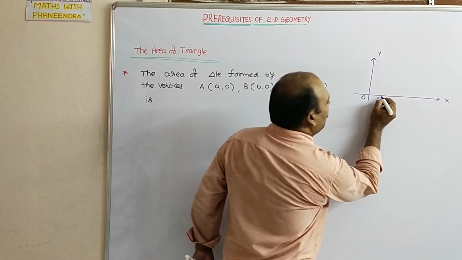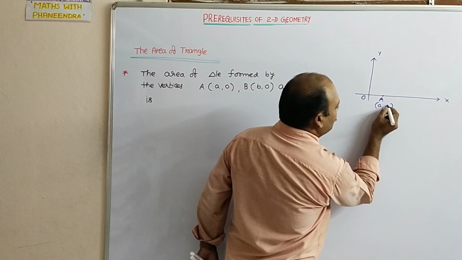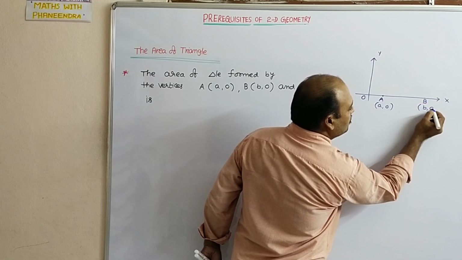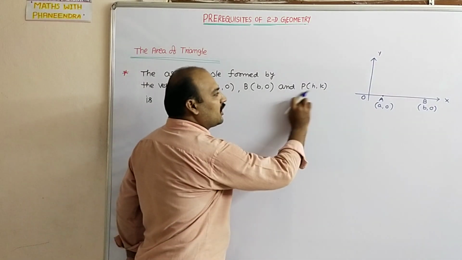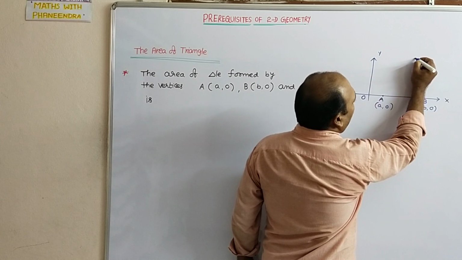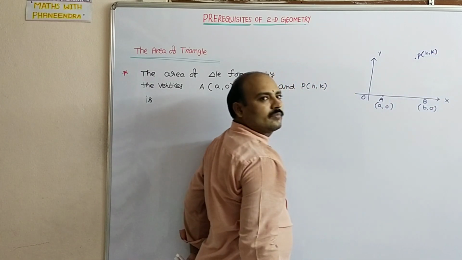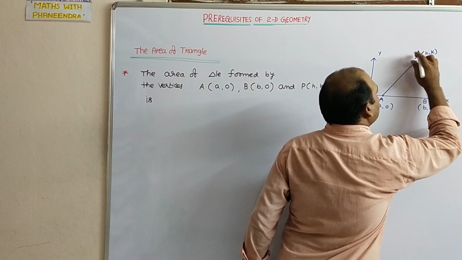So, A point will be here, (a, 0). B point will be here, (b, 0). And P of (h, k), both coordinates are there, somewhere in the xy plane. Taking here P of (h, k). So now join these points.